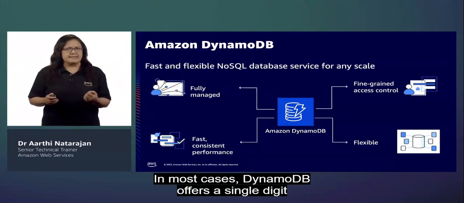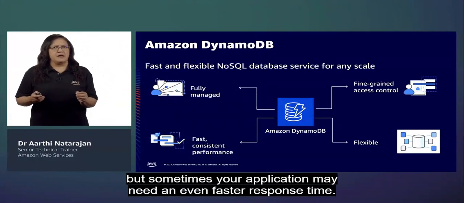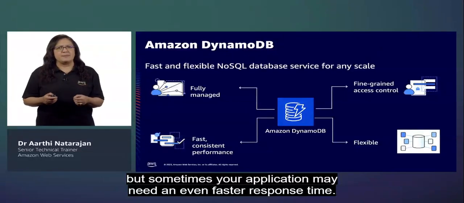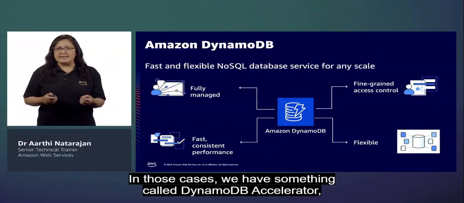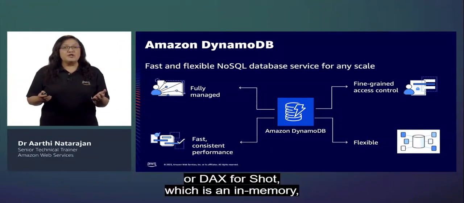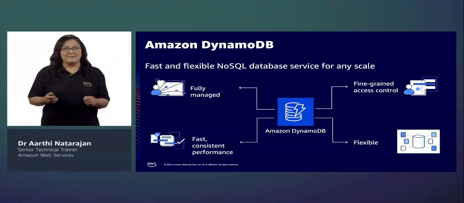In most cases, DynamoDB offers a single-digit millisecond response time, but sometimes your application may need an even faster response time. In those cases, we have something called DynamoDB Accelerator, or DAX for short, which is an in-memory, API-compatible cache that reduces response time down to microseconds.